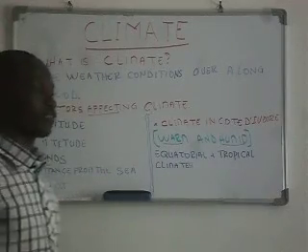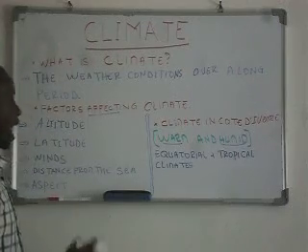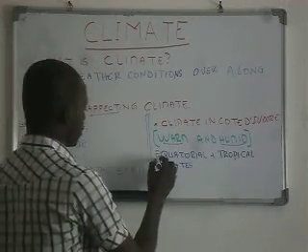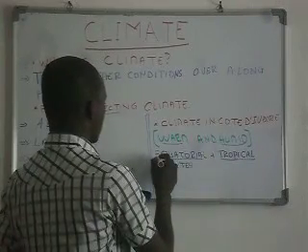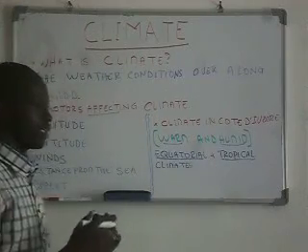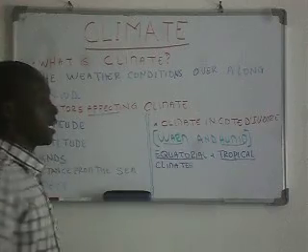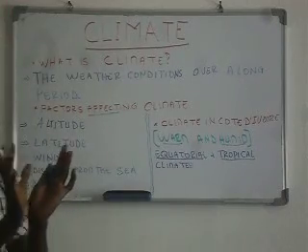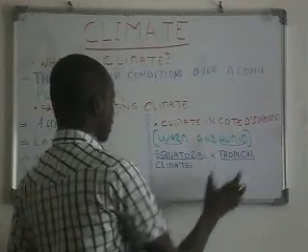We have equatorial climate and tropical climate. Equatorial climate, more or less in the southern parts, toward the coast, and then toward the north, in the far north, we have tropical climate.